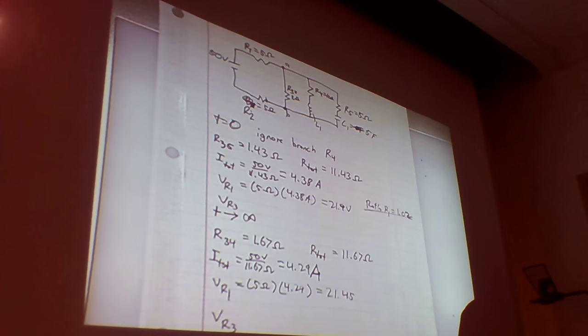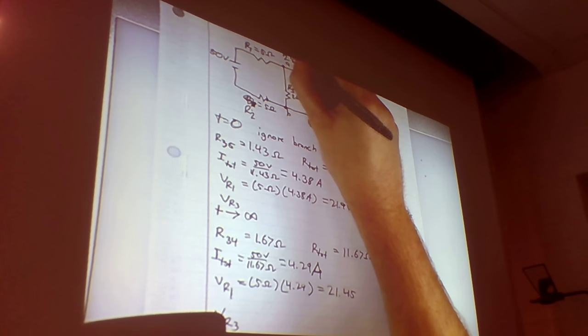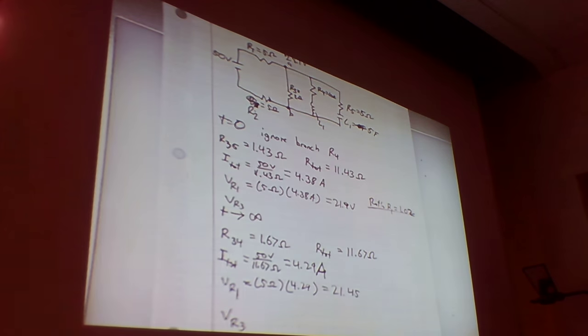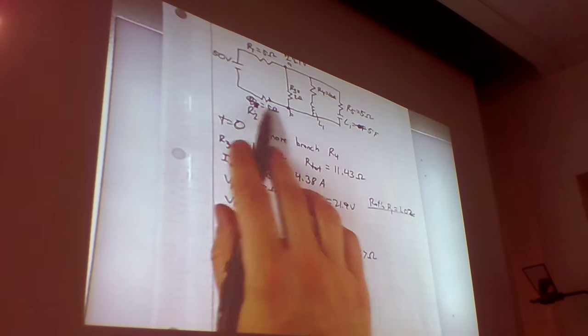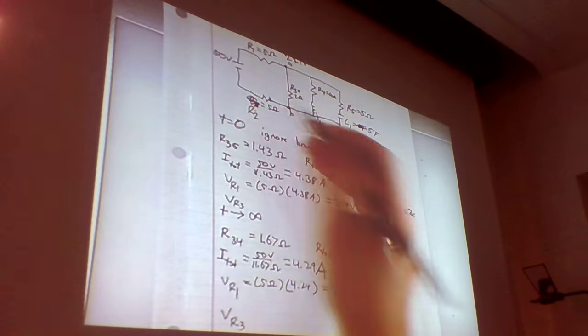I'm afraid this isn't going to make sense. Okay, so 28.1 volts here at the first time, and then you'll also have 21.9 volts coming through R2, since it's the exact same as R1.